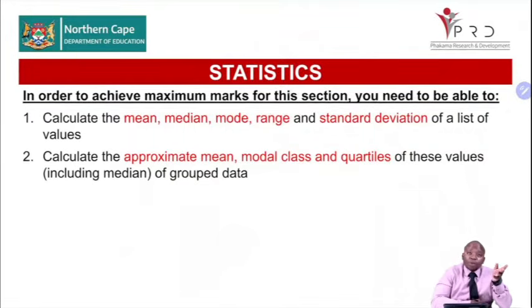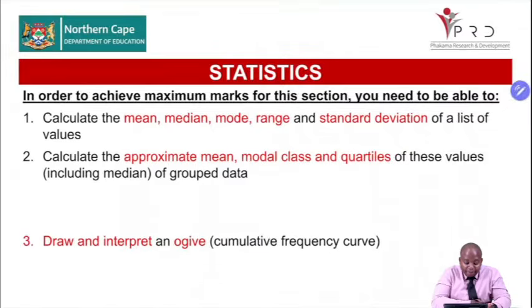So you must be able to calculate the mean, median, mode, range, and standard deviation of ungrouped data. And you must also give us the estimated mean, the modal class, and the quartiles where we are dealing with grouped data.